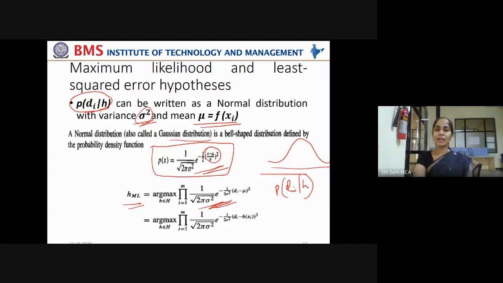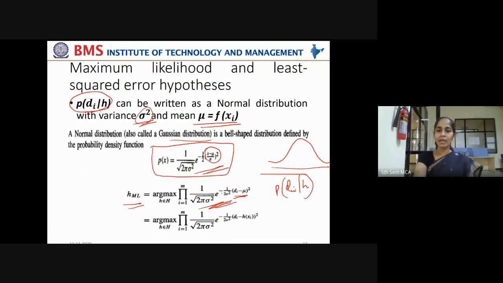Why is this transformed into this? Instead of x, we are considering each training example di. So x is substituted by di, minus mean is kept as it is, whole square. Now because sigma is a constant, the variance is constant across all the samples, so you bring sigma square out.